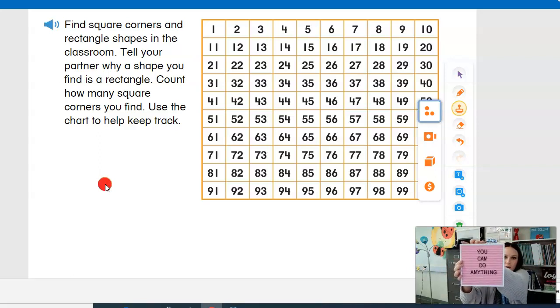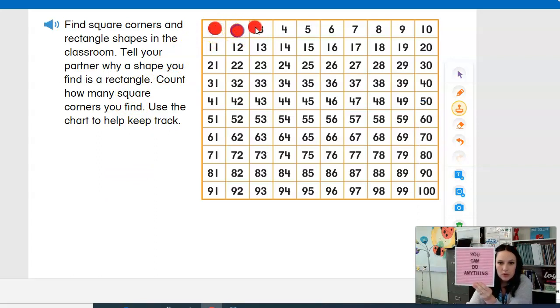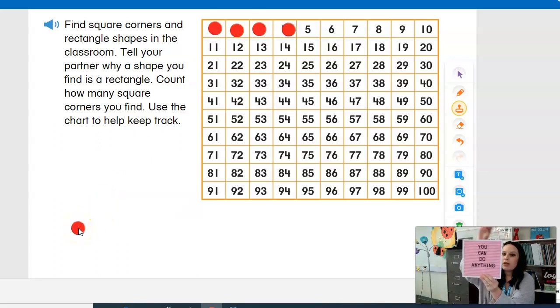They are all the same length. So this is a square. So I'm going to count my square corners. So there's 1, 2, 3, 4, because there's 1, 2, 3, 4 square corners.